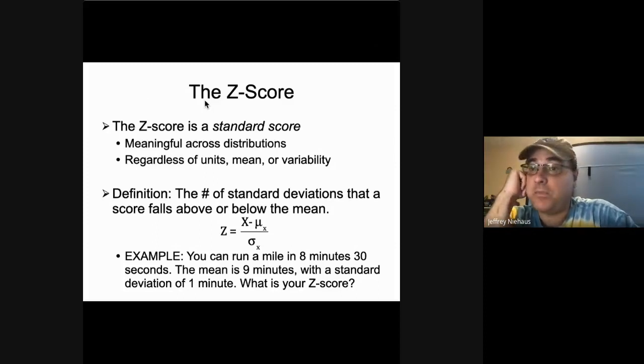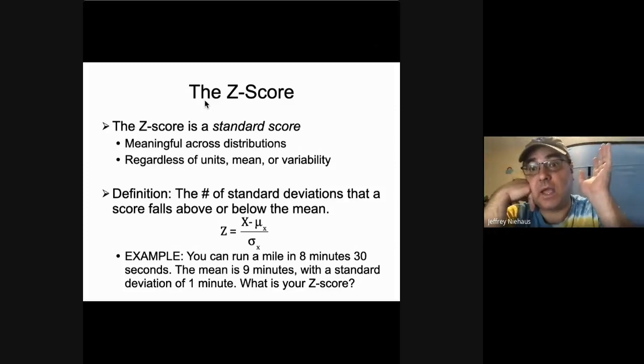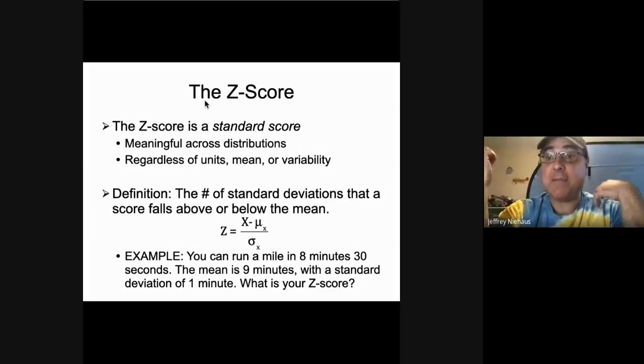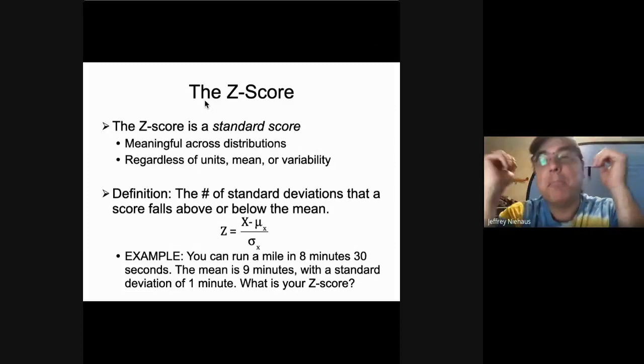No matter what the mean actually is, no matter what the variability in that population, and no matter what the units, you know that I am kicking butt if a high score is a good thing. If it's running and I say, hey, my time is 2 standard deviations above the mean, you aren't doing well because that's not good, but you get the point.